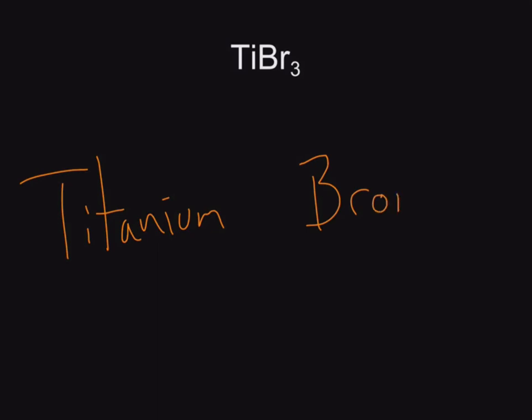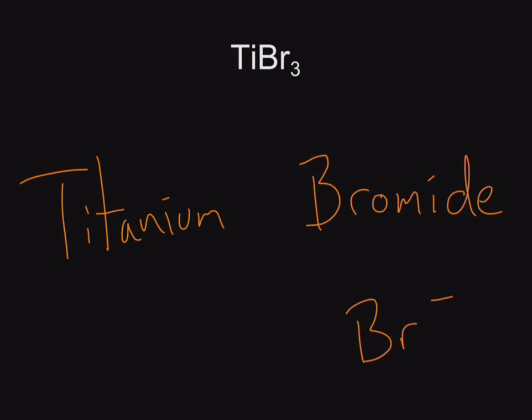So titanium is a metal. How do I know what the charge of titanium is in this compound? Well, the trick is that I know that the second element is bromine, which I'm going to call bromide in the compound. Bromine has a charge of -1.